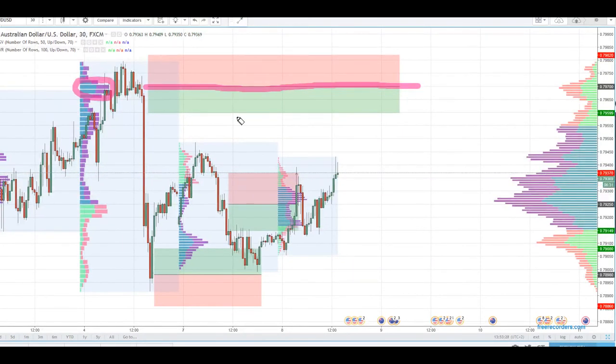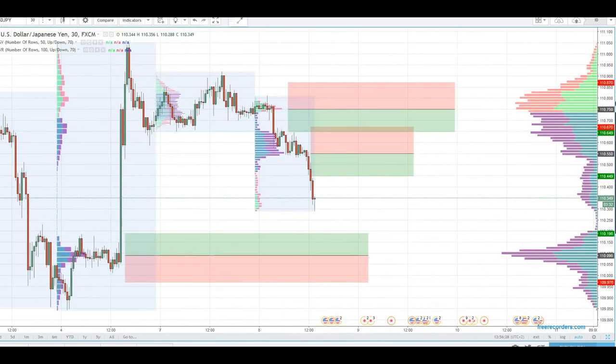This volume cluster was created within this sideways price action, and after this price channel broke, there was a strong selling activity indicating that those volumes were probably volumes of strong sellers accumulating their selling positions in this area. So I think that if there is a pullback to this area, those strong sellers will be defending their selling positions and they will push the price lower.